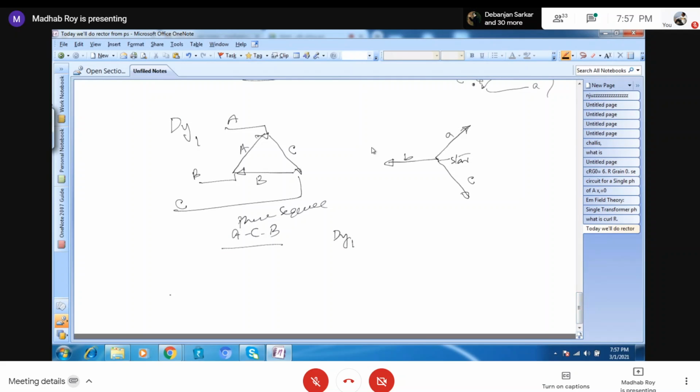Now if we want to do similarly DY11, what should I do? Try to imagine. This is a complicated issue. Already DY1 is there. So now we will have to do the DY11. So then what should we do?